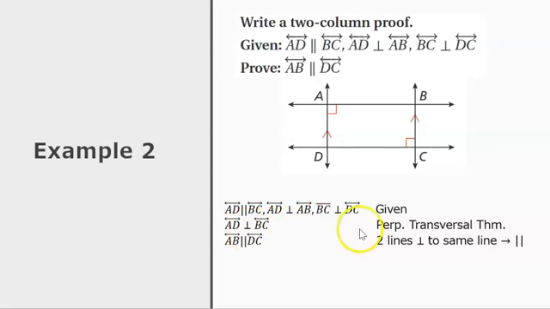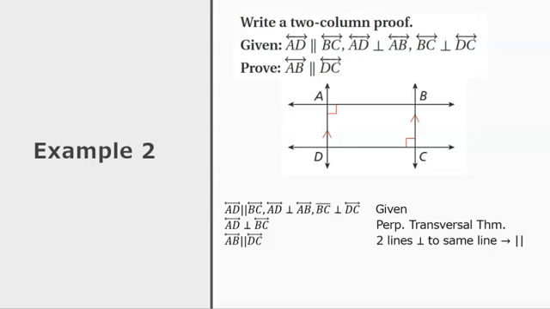So that's our perpendicular transversal theorem. Now notice, it's perpendicular here, and it's perpendicular here, so I can use that unnamed theorem that we had to say that because it's perpendicular here and here, then these two lines are going to be parallel. So AB is parallel to DC because two lines that are perpendicular to the same line are parallel.